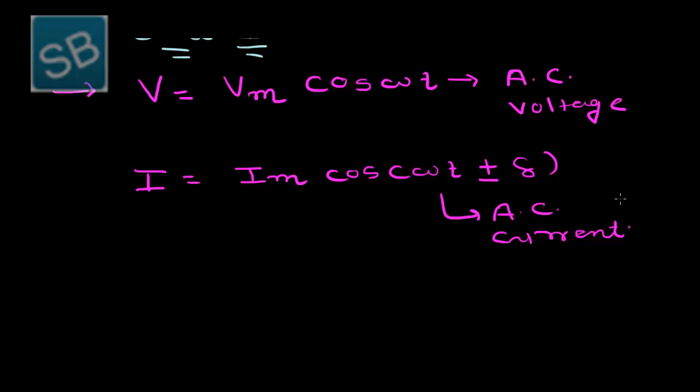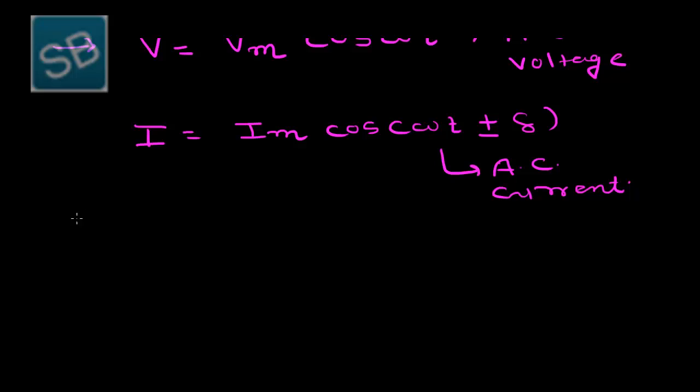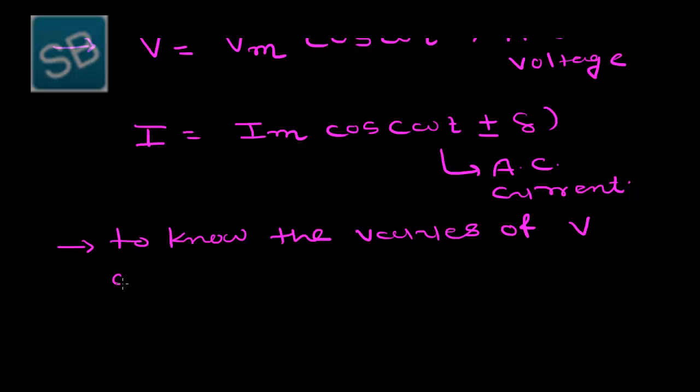To know the values of voltage V and current I, we can consider a voltmeter connected to the circuit and a current meter, which is named an ammeter.